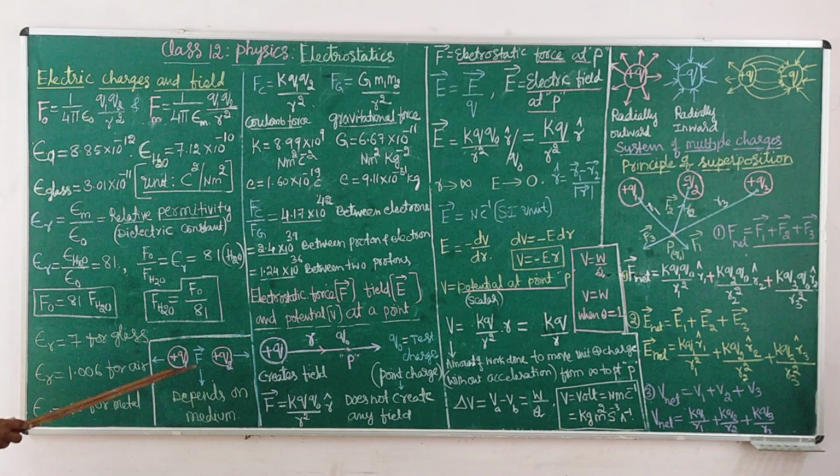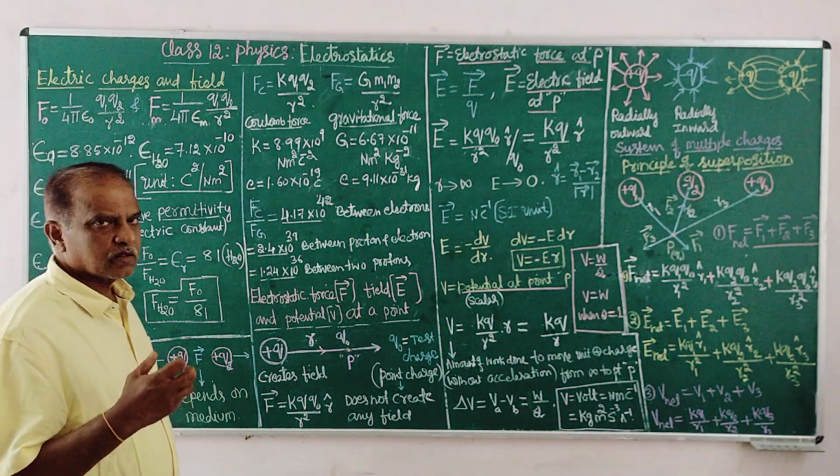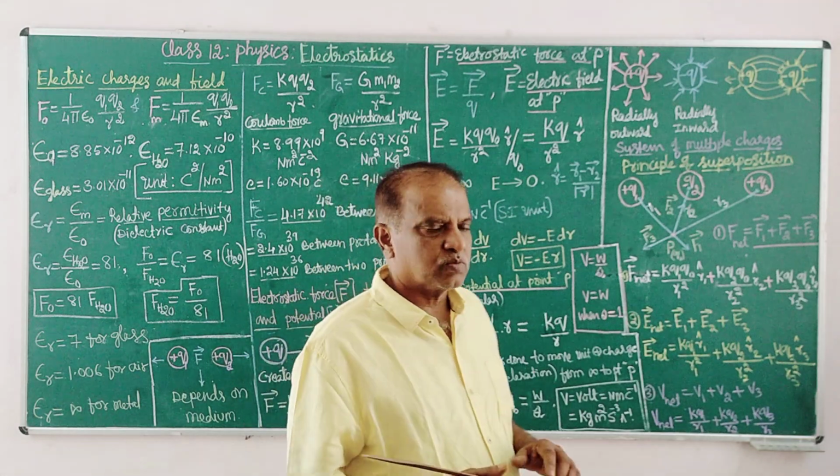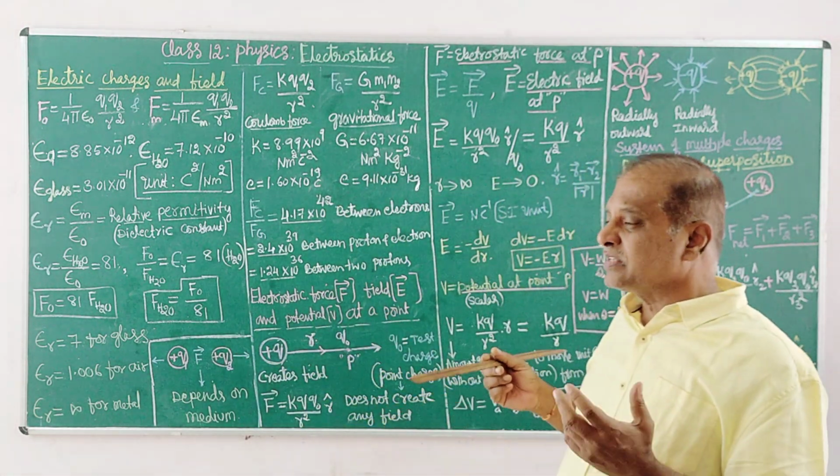If you place a metal, a good conductor of material, epsilon r represents the electrical property of the materials. That is, metal has a good electrical property. The dielectric constant represents the electrical property of a material, which is more electrical in nature and which is less electrical.